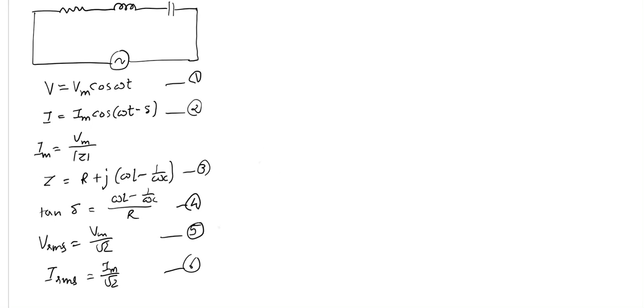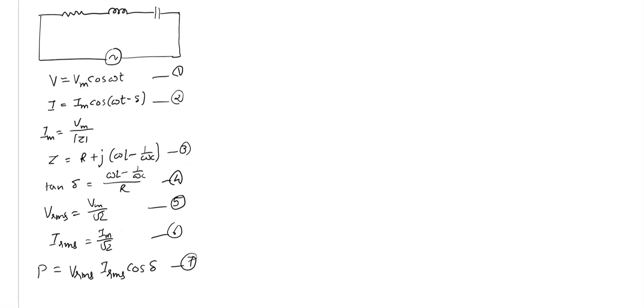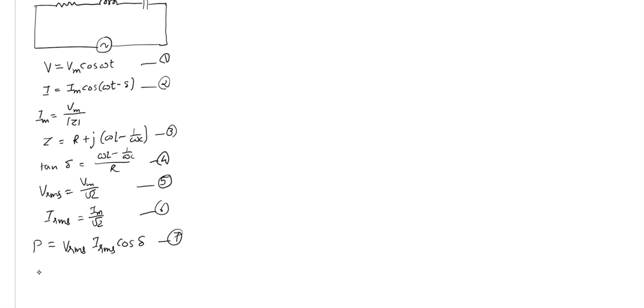For this circuit, equation of power can be given as P is equal to Vrms IRMS cos delta, where cos delta is power factor and cos delta can be given as R by mod Z. So we'll keep all these equations in mind during this topic.